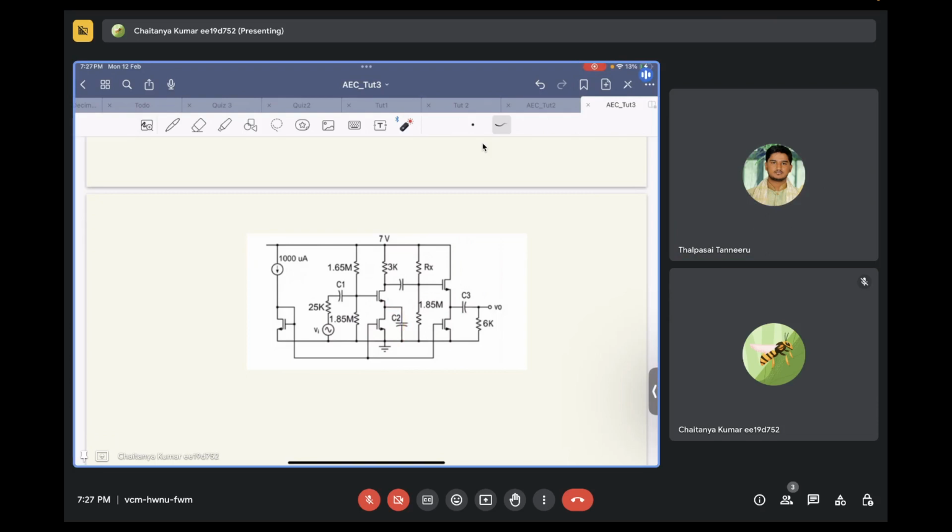Had there been a transistor above the input transistor, then you would say this is a cascode. But in the current condition there is no cascode. Yes, sir. Understood? Yes, sir. Okay, any other doubt? No, sir.